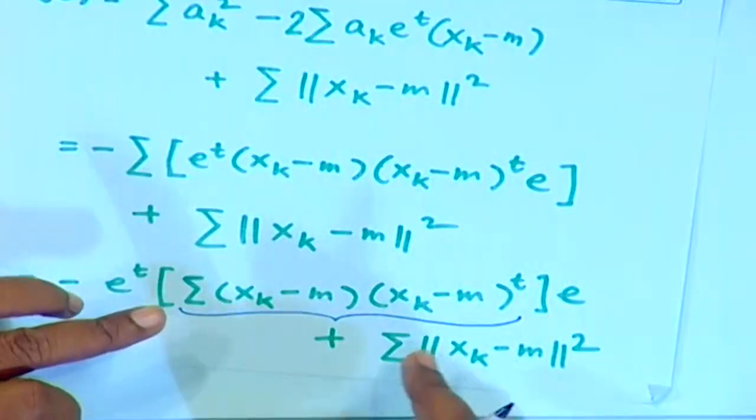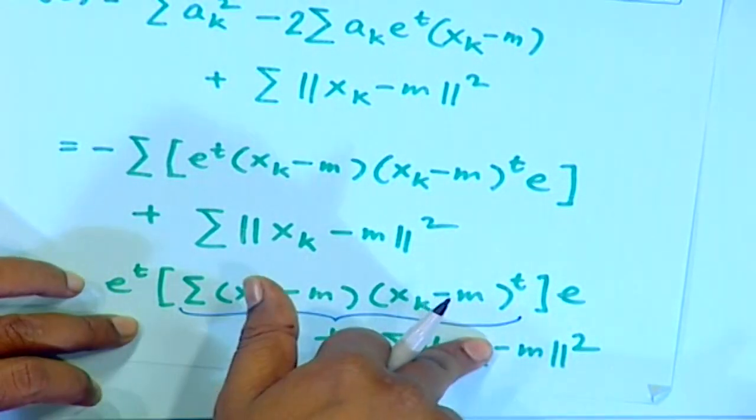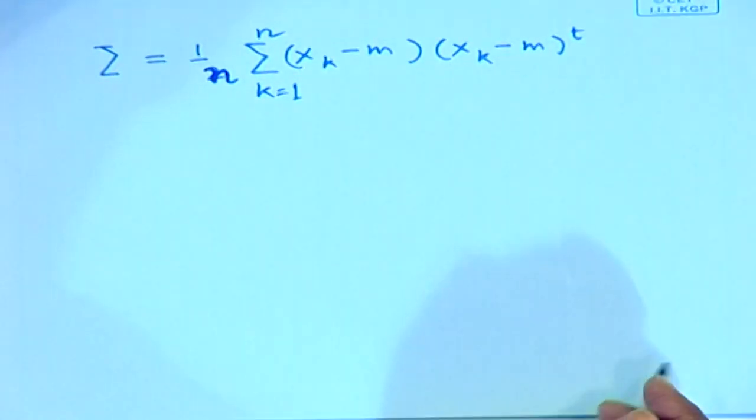So same is the case of the scatter matrix. The scatter matrix gives you the same information, but with a scale factor of n. So if I multiply the covariance matrix by the number of samples n, I get the scatter matrix. So this expression now becomes this J(E).